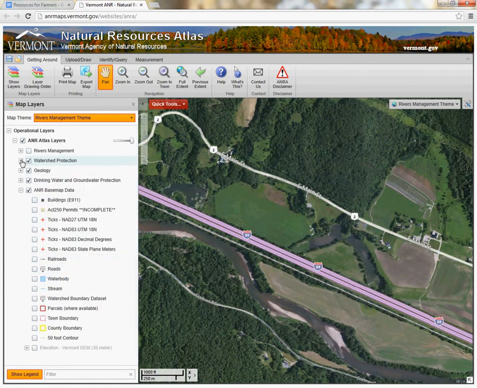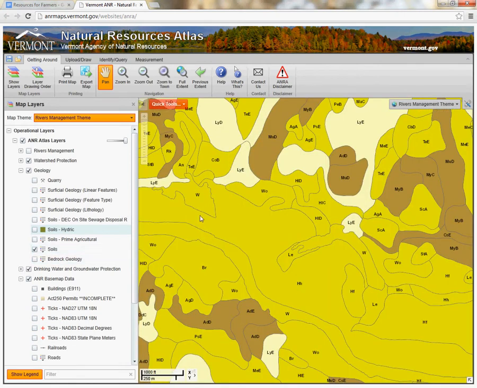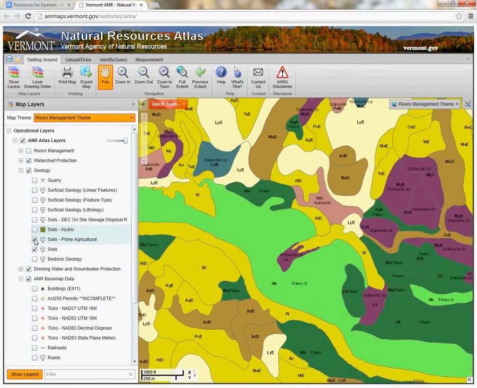And lastly, the geology folder of layers. A lot of these probably won't pertain to you. The superficial geology isn't that important, and neither is the bedrock. But the most useful to farmers are the soils layers, and these will actually give you all of the soil attributes and names, as well as the prime agricultural soils and hydric soils.